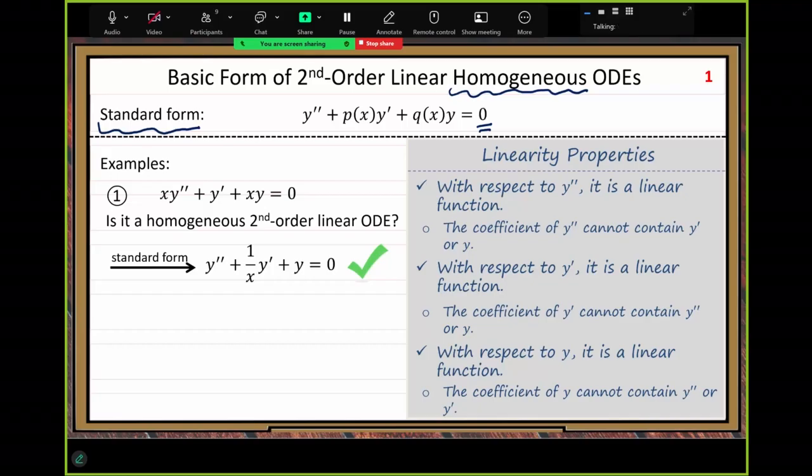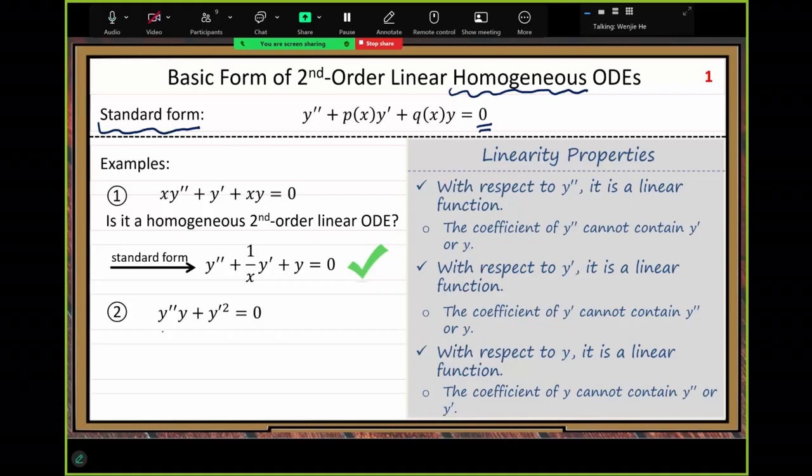Here, our answer about whether it is a linear ODE or not is yes. Then, second, now you tell me, is it a linear second order ODE? No. You can see two violations, in the first term and the second term.